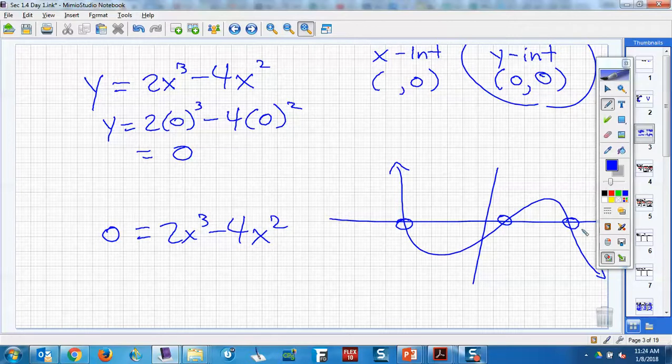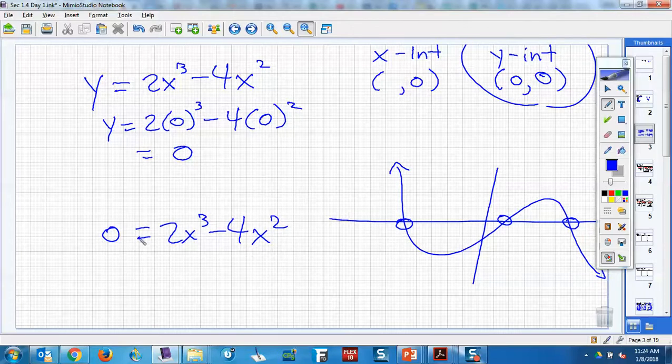Because number one, there's only one y-intercept, and it can be meaningful. A lot of times, if it's a story type problem, it's your beginning amount, your initial amount. So it can be important, but we're typically way more interested in the x-intercepts.